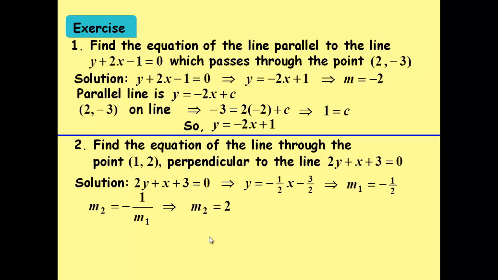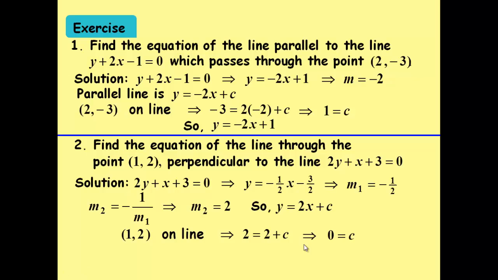So it's actually quite straightforward. We know the equation is y equals 2x plus c. We can use 1, 2 as our x and y value to find c. So 2 for y and then 1 for x gives us c as 0. So the equation is y equals 2x.